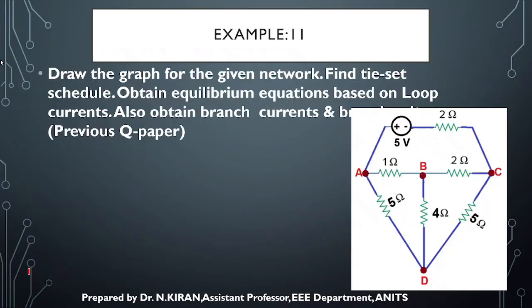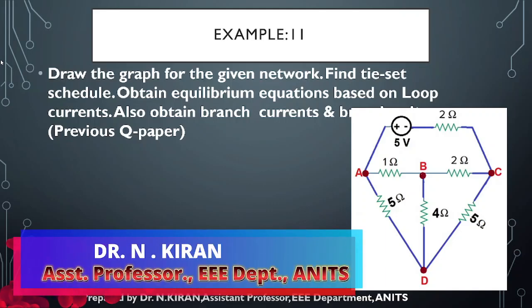Here we are asked to draw the graph for this given network and find the tie set schedule. Till now we have seen how to construct a tie set matrix, cut set matrix and incident matrices. Now through this example we will see how we can obtain equilibrium equations.